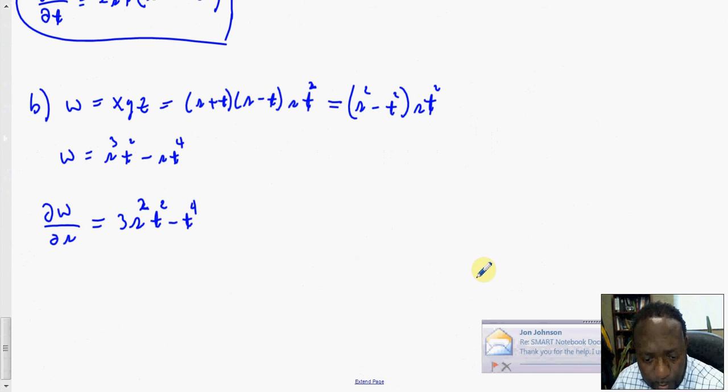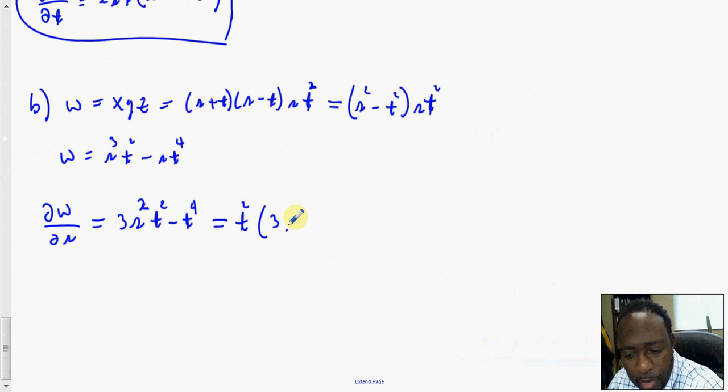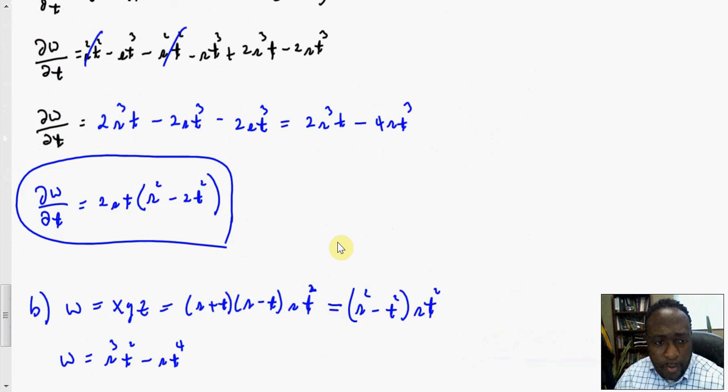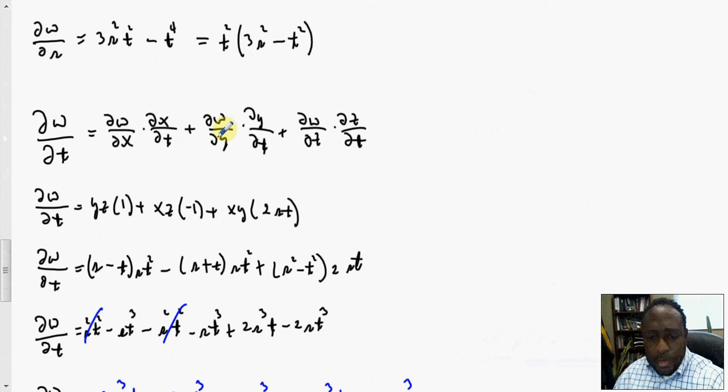Okay. And you can write that as, you factor out a t squared, then that leaves us with 3s squared minus t squared. Is that what we got before? Yes. t squared times 3s squared minus t squared.